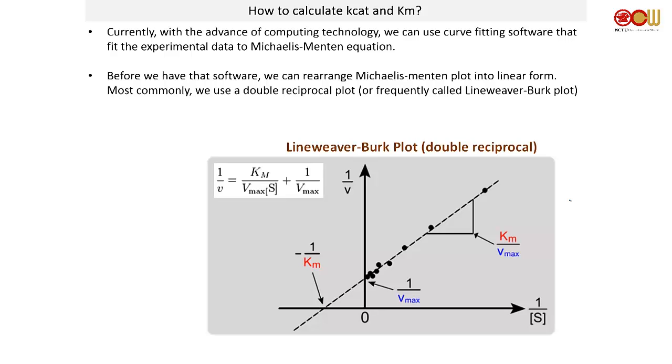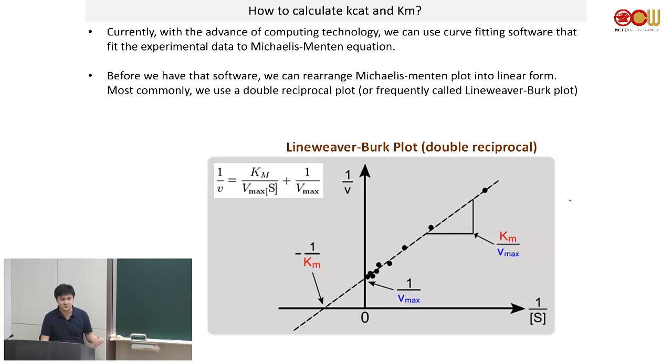Without our advancement in computation, you can't do that. About 50 years ago, there was no nonlinear regression to do this. So, long ago, what people had to do is transform the data into a linear line.